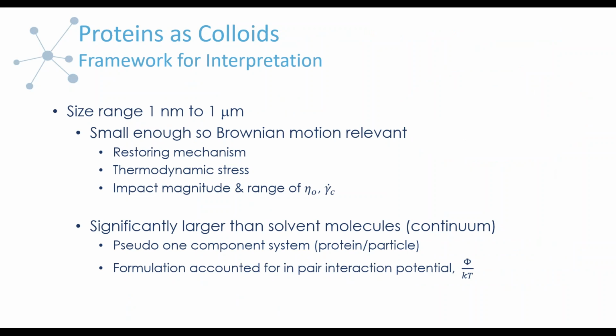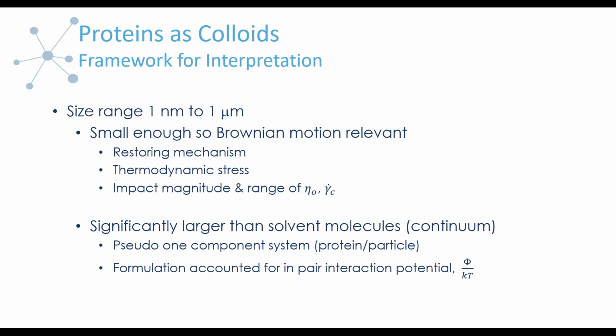Okay, so now we have an understanding of how we want to scale the viscosity and why. Now we want to think about how we want to scale the shear rate axis. So now we're going to take a little bit of time to clarify that. Again, I had mentioned earlier that we're going to view the proteins as a colloid.